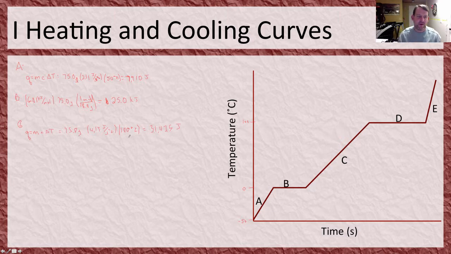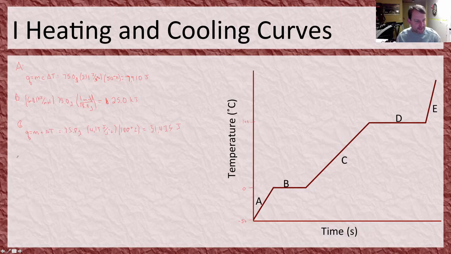Now it's interesting to note here that heating water from 0 degrees Celsius all the way to 100, that's a big temperature change, takes just a little bit more energy than melting the same amount of water. So these enthalpies require significant amounts of energy. The energy it takes just to melt it is like 80% of the energy it takes to go all the way from 0 to 100, which is kind of cool.